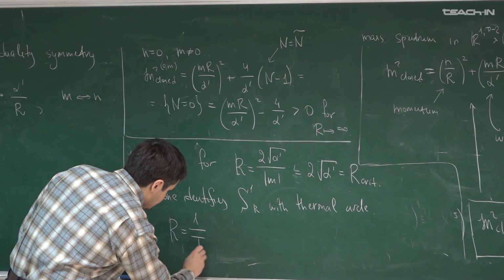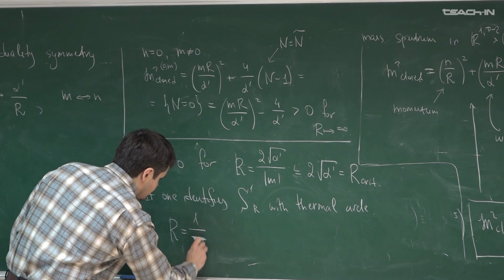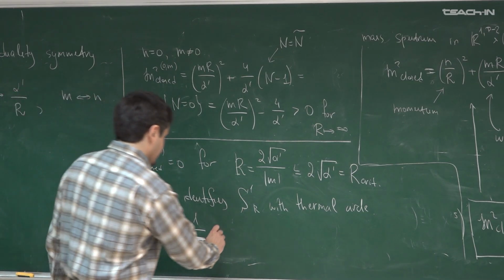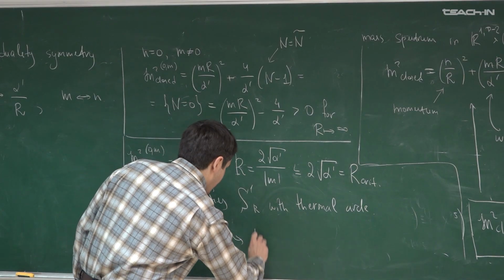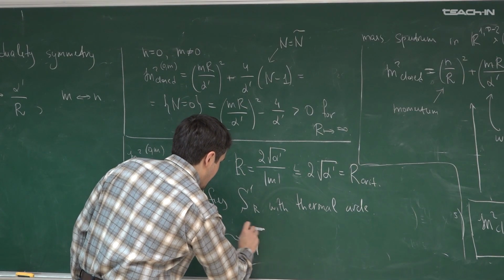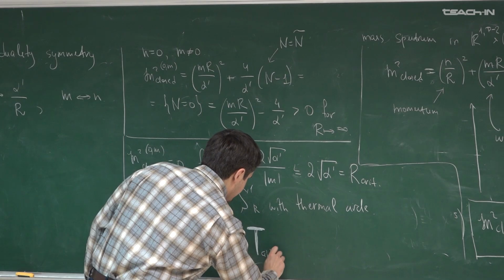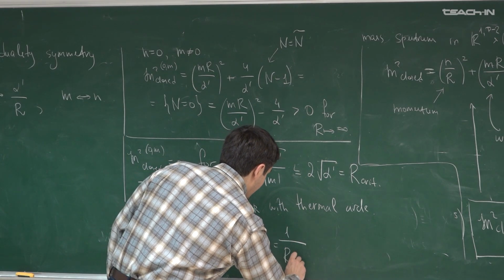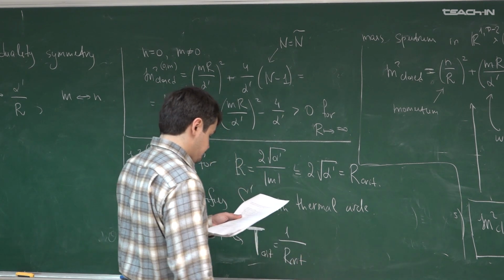So this is not to be confused with the tension. This is temperature. Then one finds some critical temperature, T critical, which is 1 over R critical.